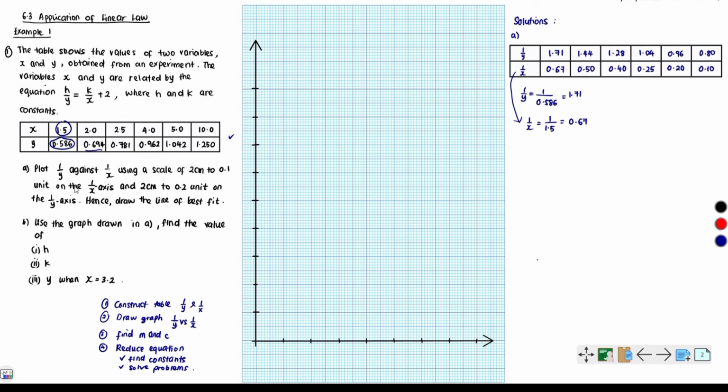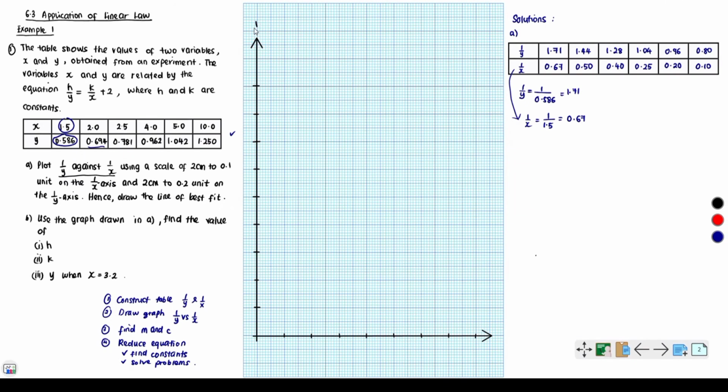By referring to the equation, plot 1 over y against 1 over x, so we write 1 over y on the vertical axis and 1 over x on the horizontal axis. Using a scale of 2 cm to 0.1 unit on the 1 over x axis: 0.1, 0.2, 0.3, 0.4, 0.5, 0.6, 0.7, and last is 0.8.